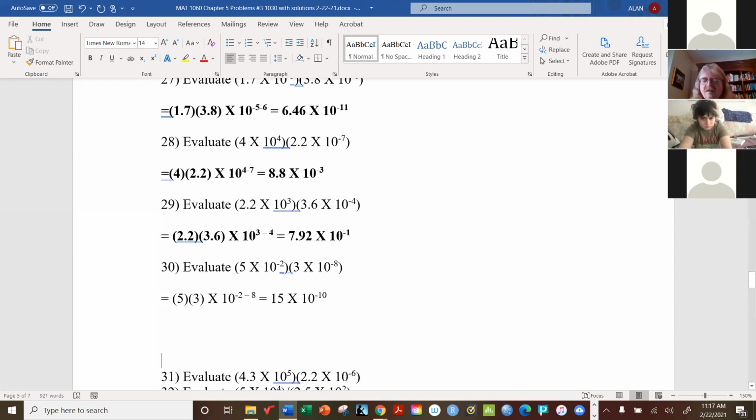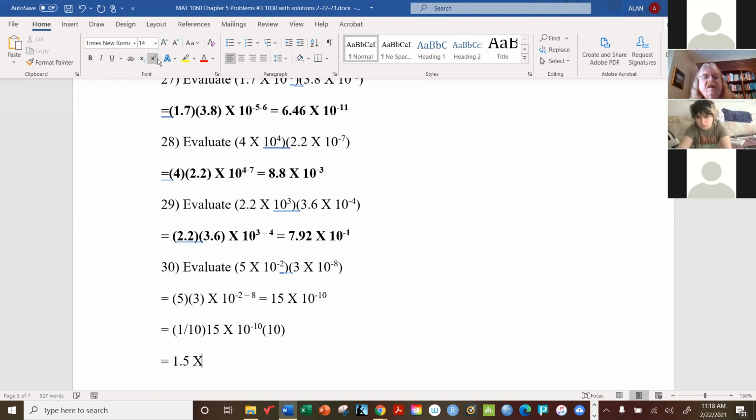We're going to take that expression and we're going to first divide by 10 and then we're going to multiply by 10. So we'll just end up with 1.5 times 10 to the minus 9. Excellent.